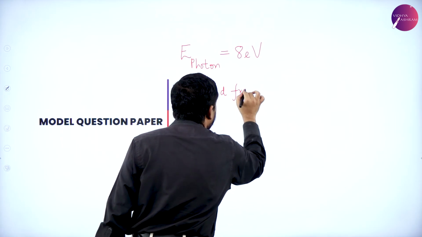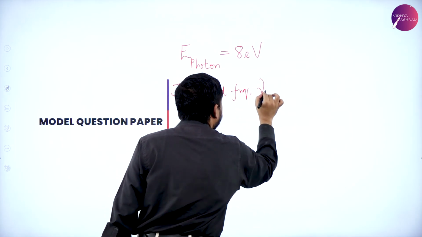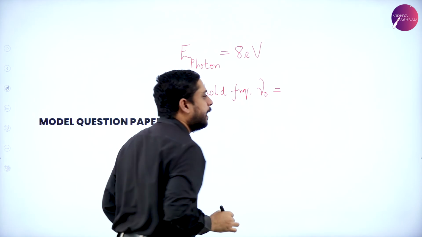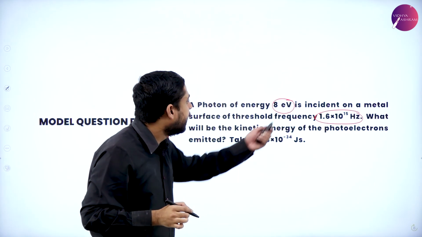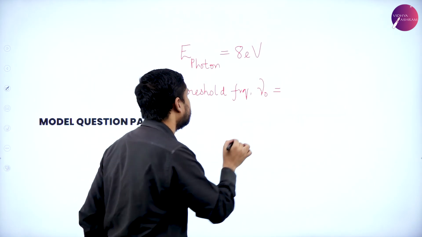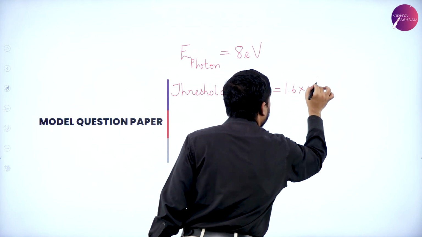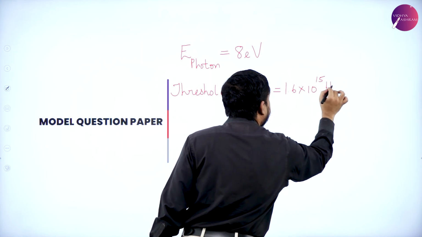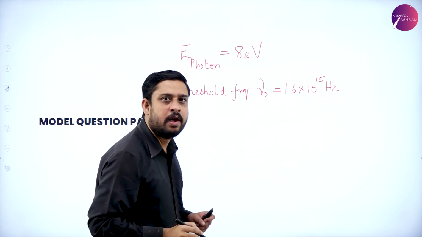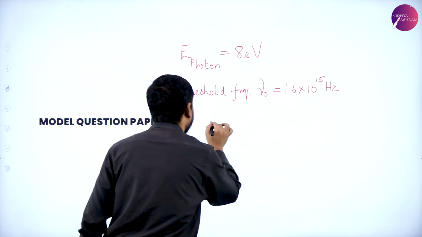So the threshold frequency nu naught is given to be 1.6 into 10 power 15 hertz. So what is the work function?